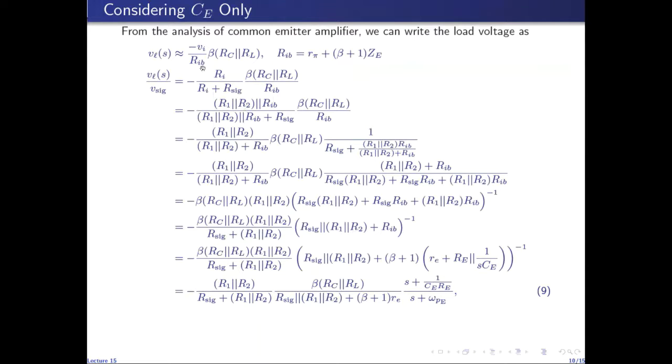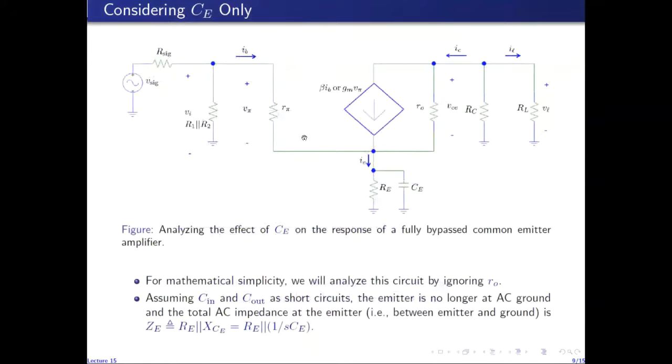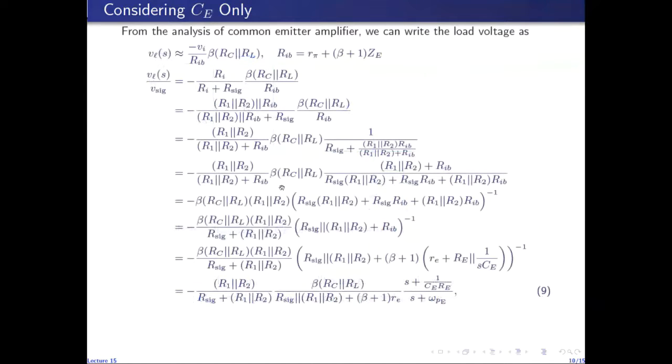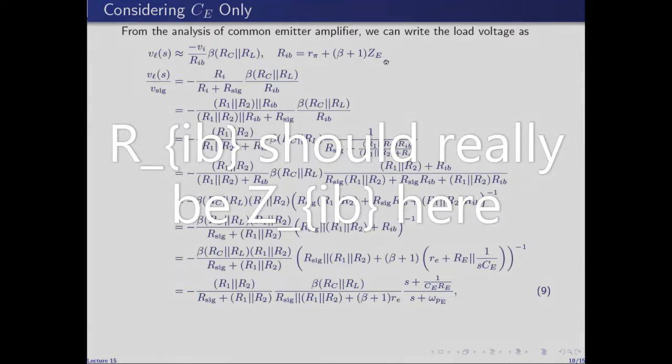RIB is the resistance seen looking into the base, which is given by r pi plus this impedance shifted towards the base. So when we reflect this impedance towards the base, it is multiplied by beta plus 1. So r pi plus beta plus 1 times ZE is the resistance seen looking into the base.